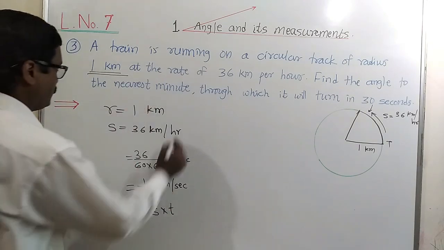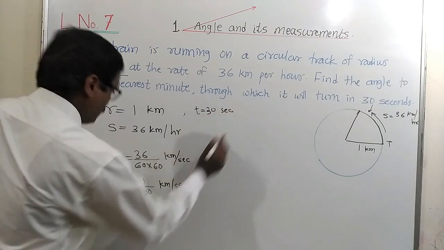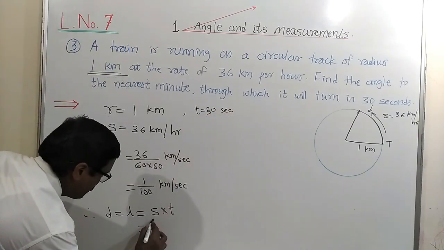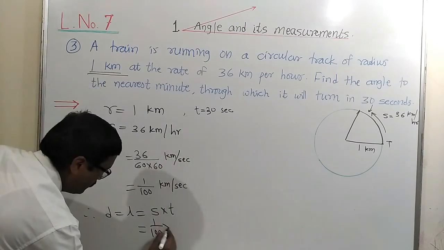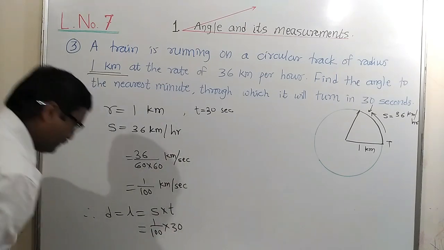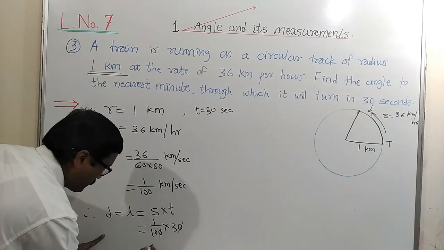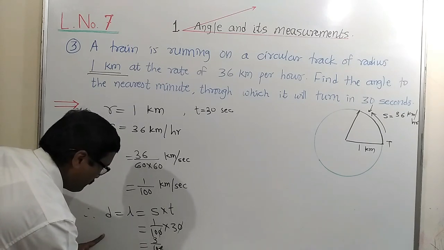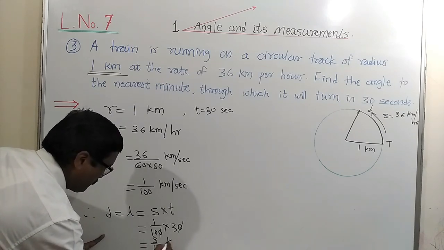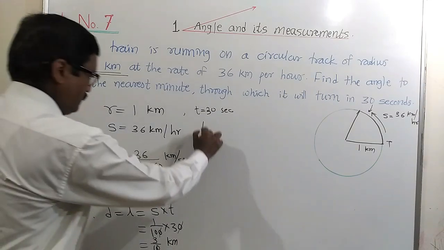Time is given as 30 seconds. Here t is equal to 30 seconds. So speed is 1 by 100 kilometer per second into time in seconds, 30. So this is the distance covered by the train in 30 seconds. 0 0 cancel. This will be 3 by 10 kilometer. This is the length of the arc.